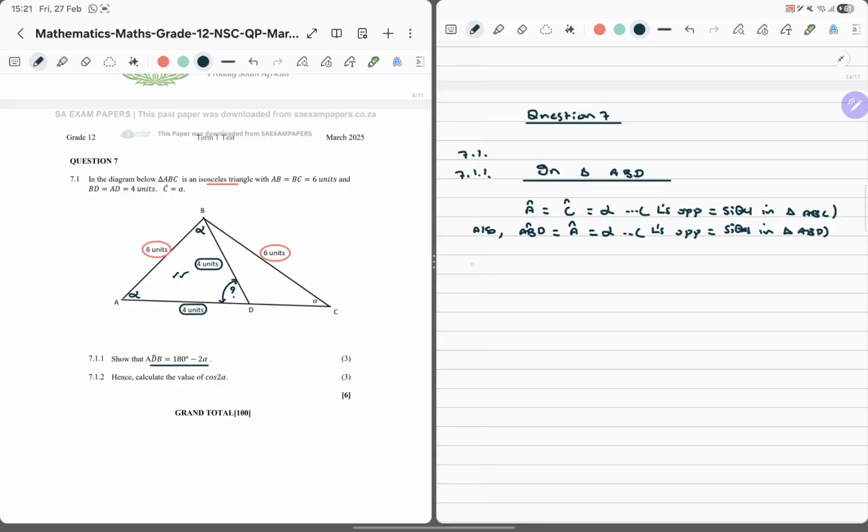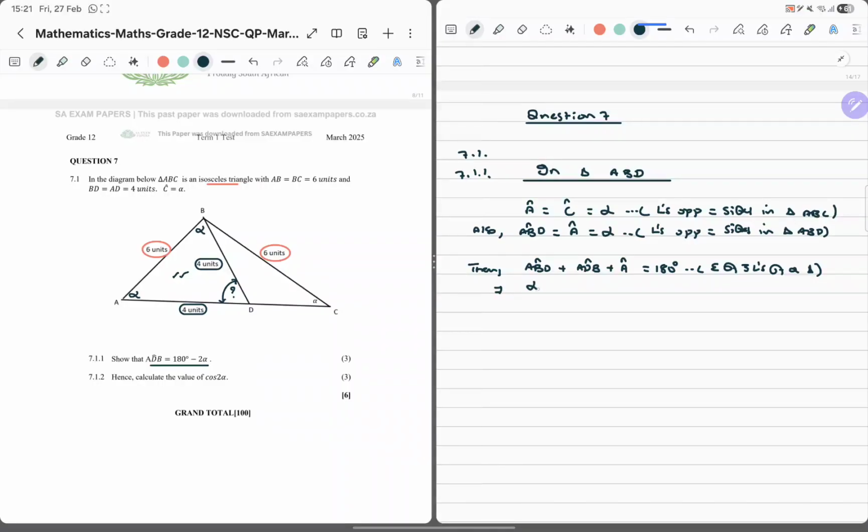We can say here then we understand that ABD plus ADB plus angle A should be 180 degrees. So this is the sum of three angles of a triangle. Now we're talking about triangle ABD because that's the main triangle.